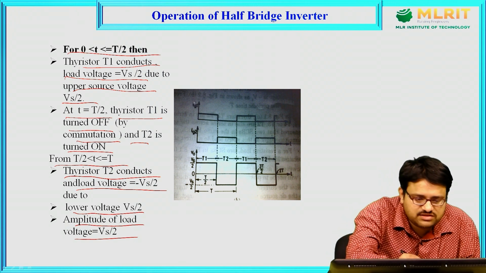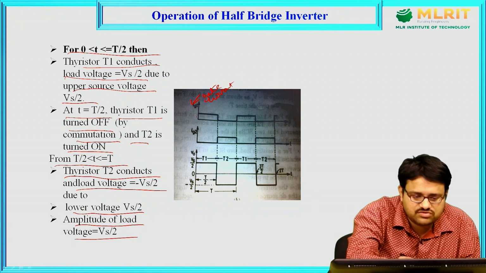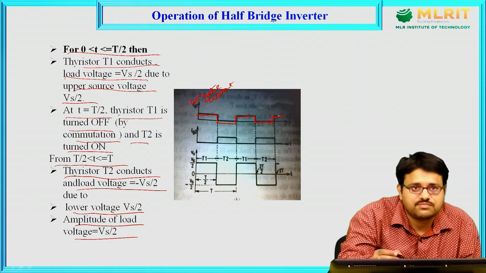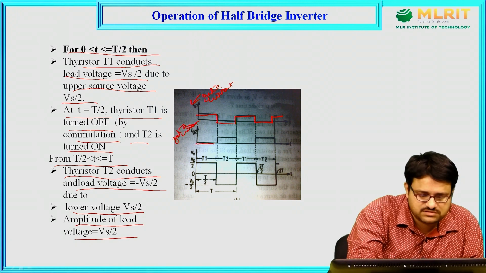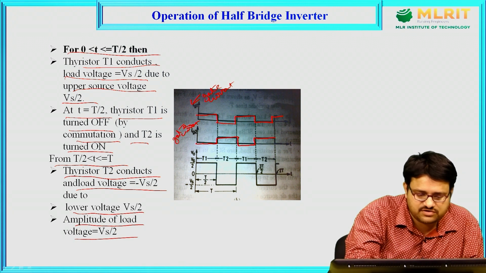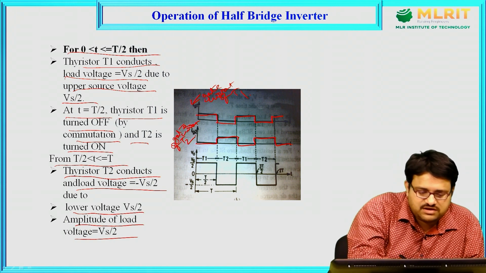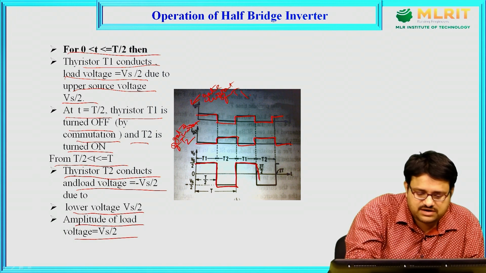So here we can see these are the gate current pulses. These are the step pulses we are giving, and this is the gate current at channel 2, thyristor 2. So this is the gate current of T1, this is the gate current of T2 thyristor, and here T1, then next again T1 and here T2.